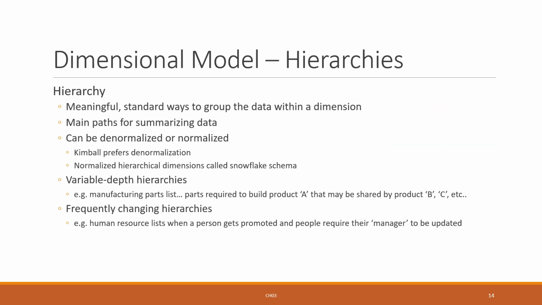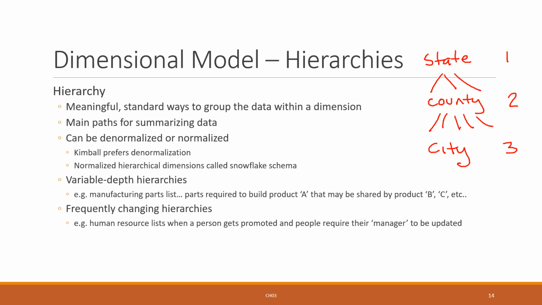So for example, a hierarchy of a city, county, and state: at the highest level is a state, because in a state resides multiple counties. And within a county resides multiple cities, right? So the idea is that at level 1 is the state, level 2 is the county, and level 3 is the city. And these create that hierarchy.